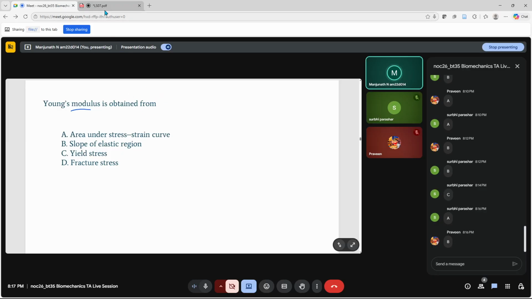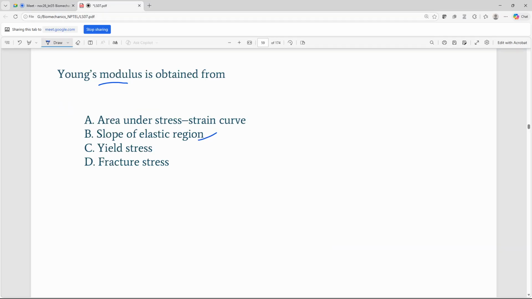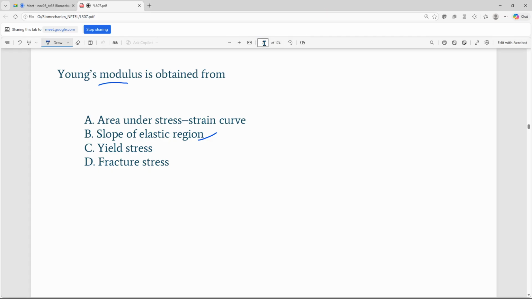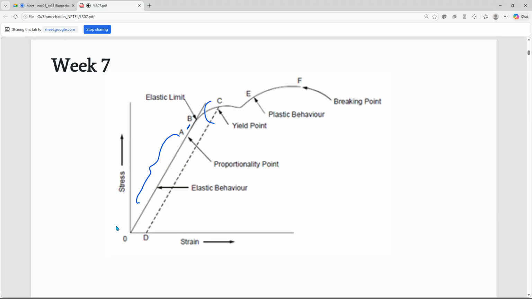The answer is option B, that is the slope of elastic region. So here we have already discussed this portion, the proportionality limit where Hooke's law is applicable, or within the elastic limit.